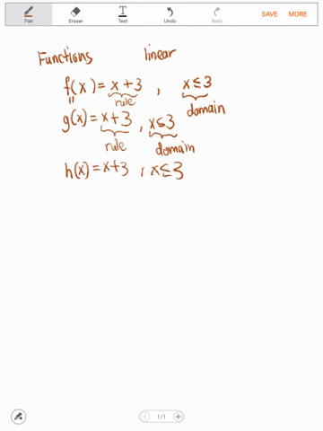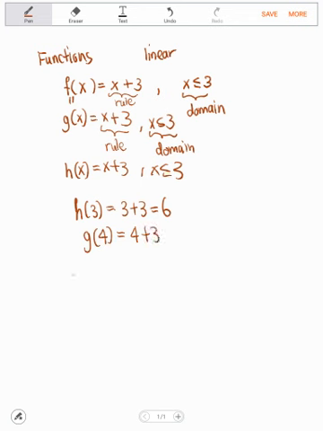So how does a function work? Let's say when we change x to 3, then this is 3 plus 3 equals to 6. If I put g(4), then x is replaced by 4.